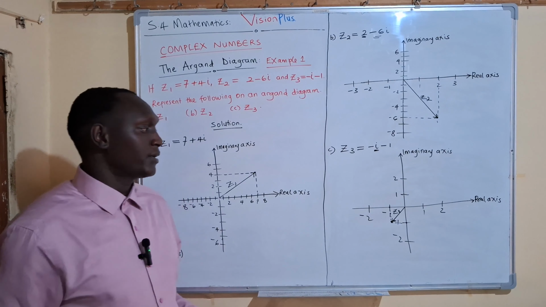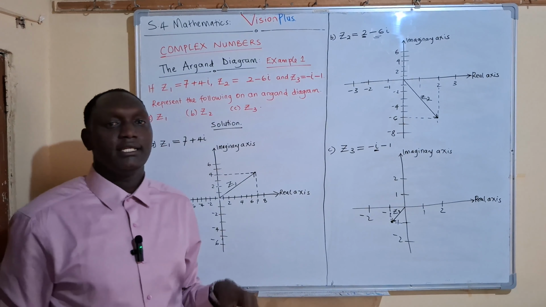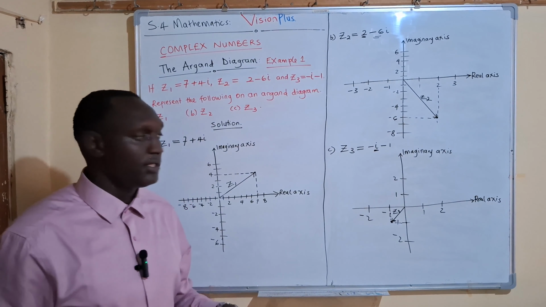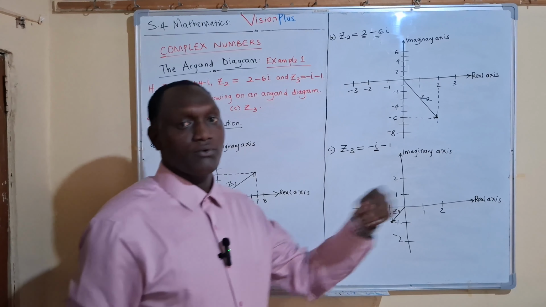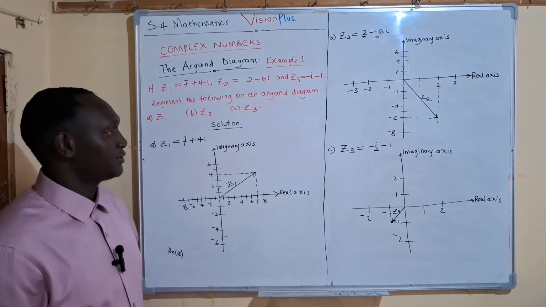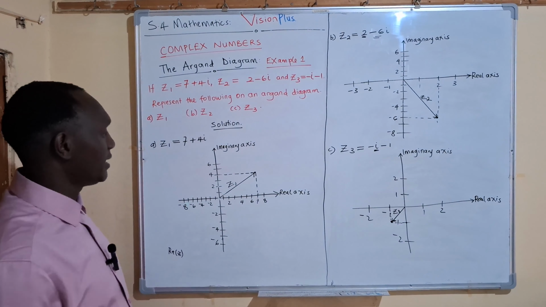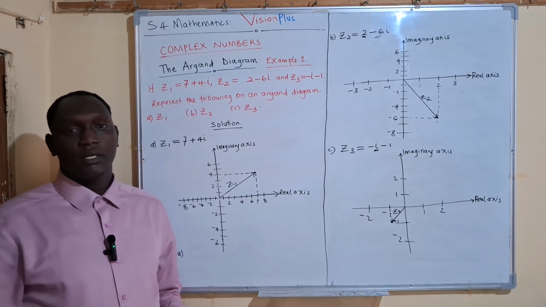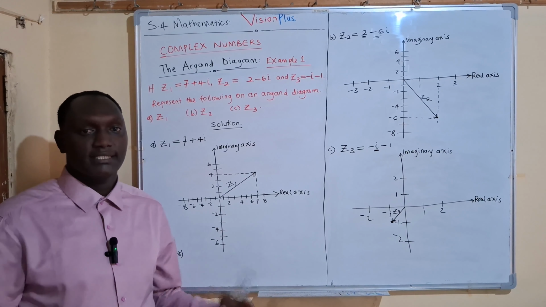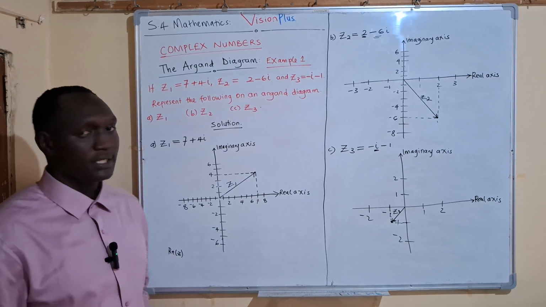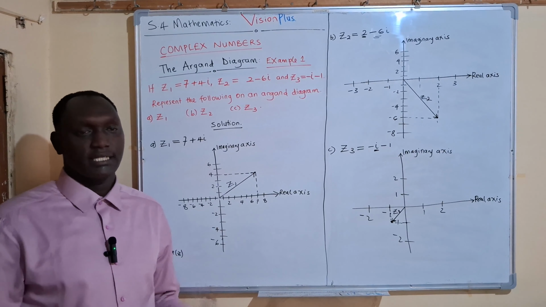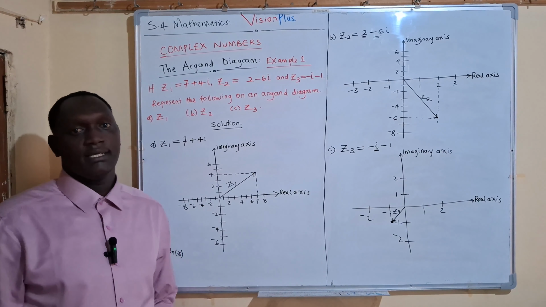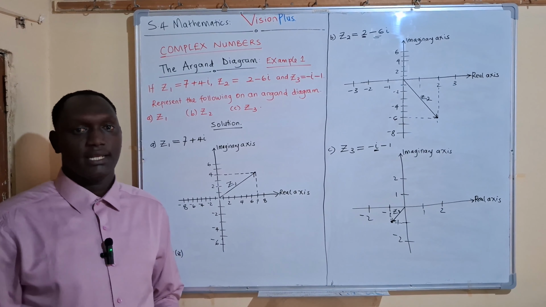No, the center is the initial point of displacement, the starting point where the complex number moves away from. So this is the solution to example 1 on the Argand diagram. Make sure you are okay with the Cartesian plane, because here we are using the knowledge of the Cartesian plane only to illustrate complex numbers. So thank you. See you in the next example.